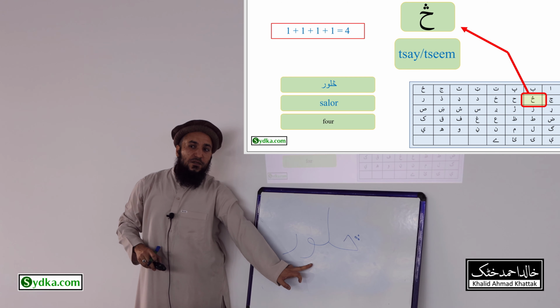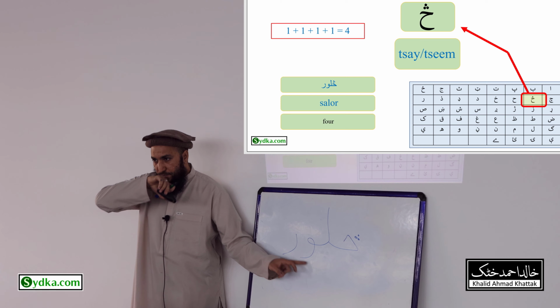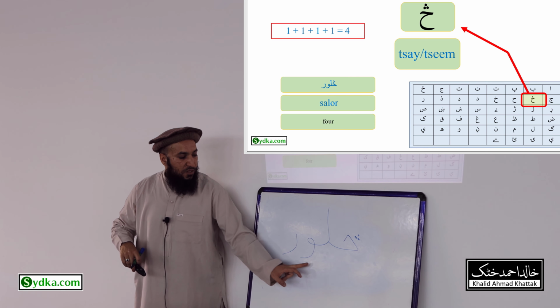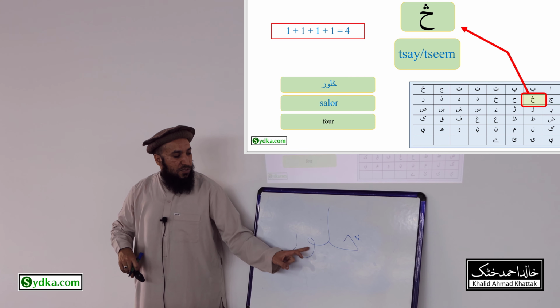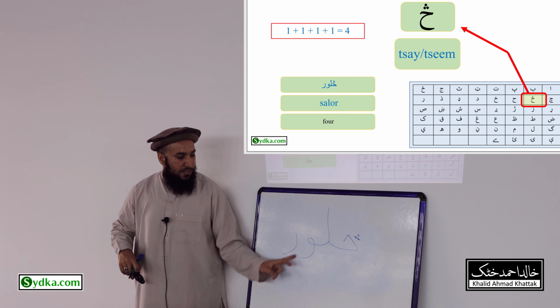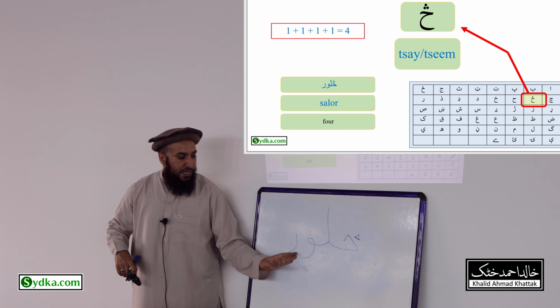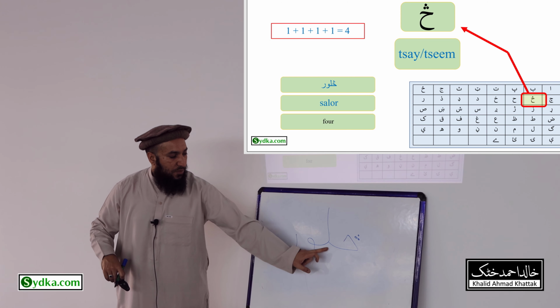Look here, there's a missing space. Non-connector. Good. Why? It's not connected with a space. So it's a non-connector because it is not connected with the next letter. So you can't connect other letters with it afterwards. You can connect something before it, but not afterwards. Okay. Salor, 4. Finished?